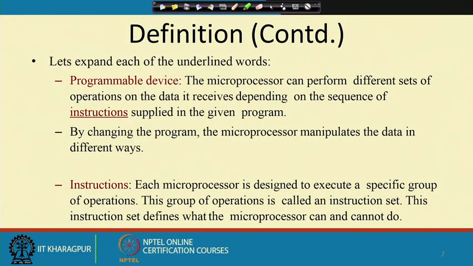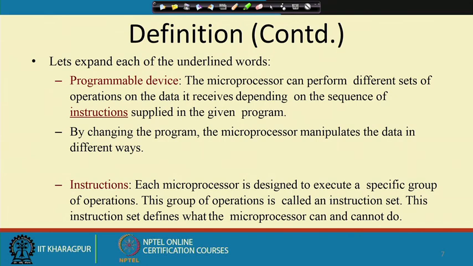If tomorrow you want that same microprocessor to do something else, not temperature monitoring but maybe a conveyor belt control application, then the program part needs to be changed, and the microprocessor will remain the same. In the memory you now have a different program, so the microprocessor will do something else. That is what programmable means. You can change the program to get some other job done by the microprocessor, which is not possible with an arbitrary digital circuit.